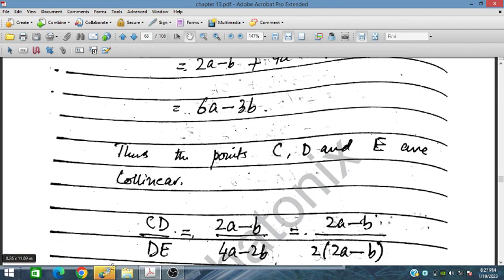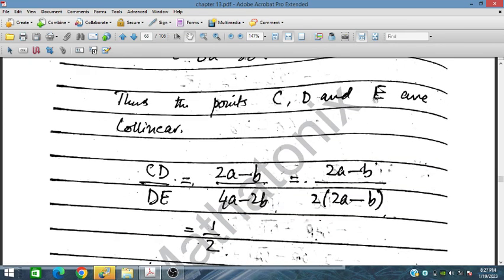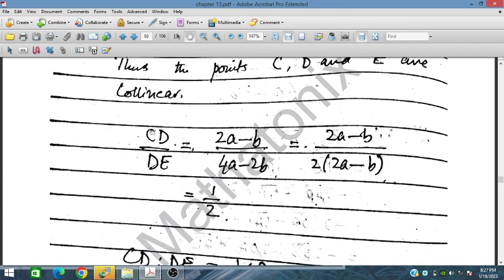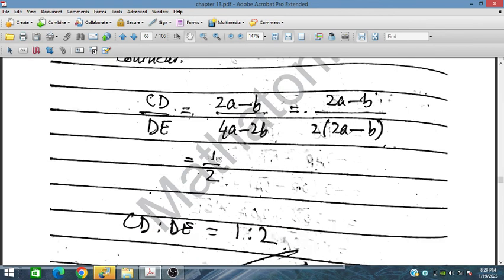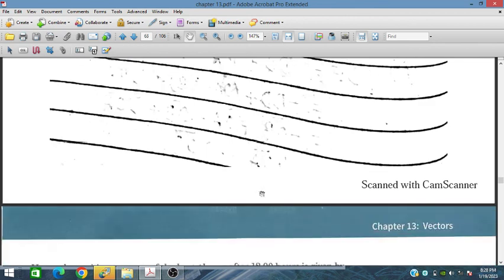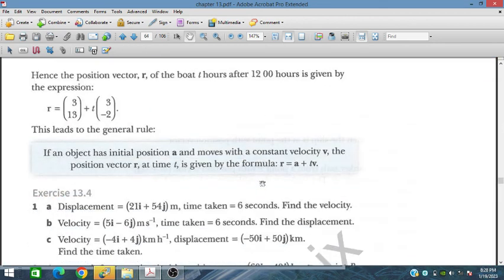And the ratio of CD to DE is obtained by comparing them, and we get 1:2. So CD and DE are in the ratio of 1:2, which is a very important question. In the next session we will discuss exercise 13.4.